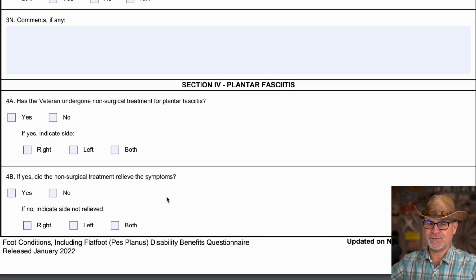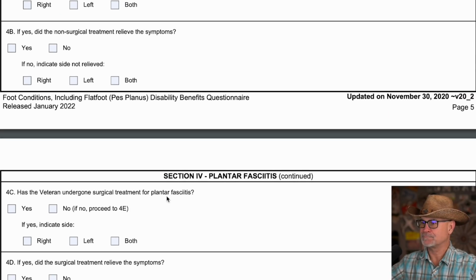And of course, it doesn't relieve the symptoms. You don't go in there saying how well your symptoms are relieved. And just FYI, it's coming back. It doesn't go away. You might correct it for a little while. It always comes back. Mine comes back in both of my feet every year.